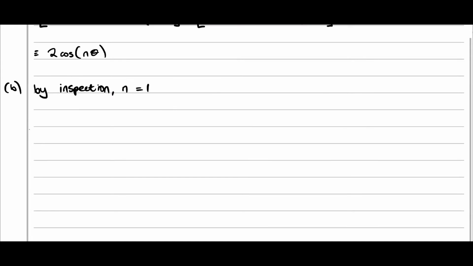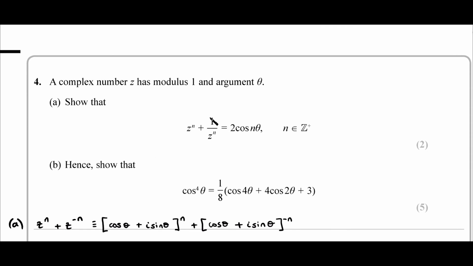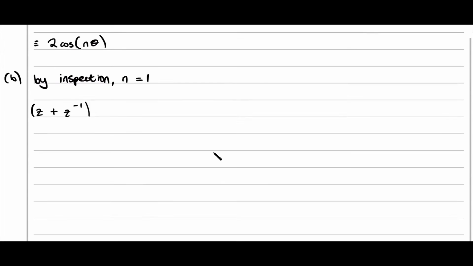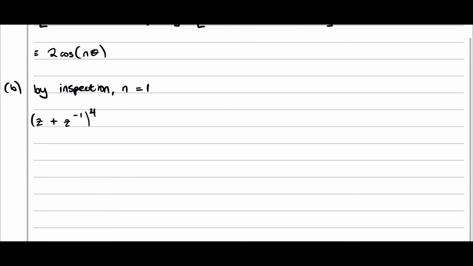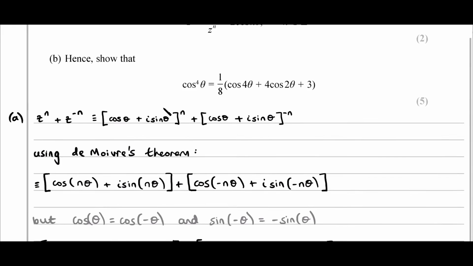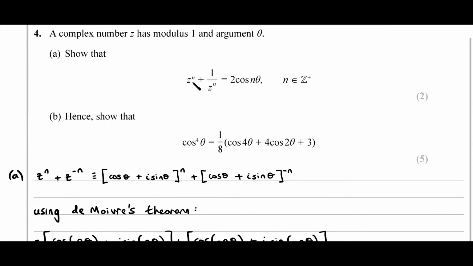In other words, the power we have over here would simply be 1. So we have z to the power of 1, which I'll just leave as z, plus z to the power of minus 1. So hopefully that makes sense because we have 1 over z. And we will raise this to the power of 4. The reason being, using the result that we've just found, we have z plus 1 over z equals 2 cos theta.